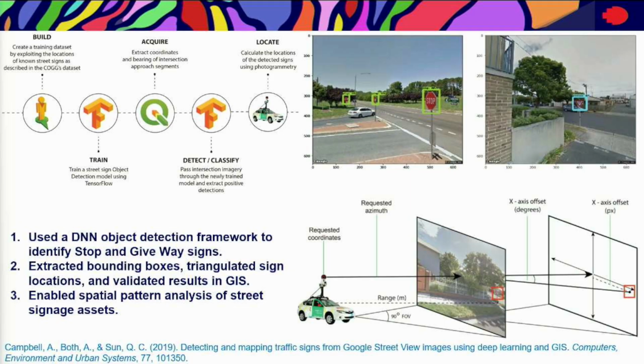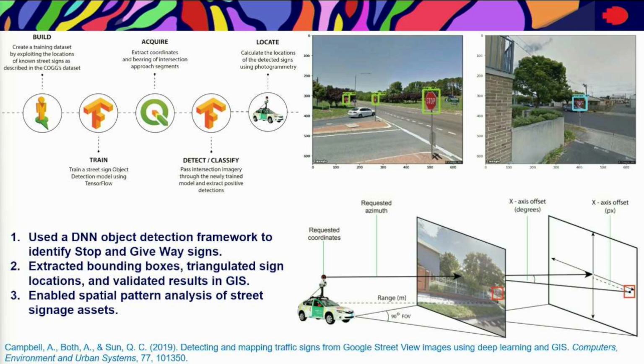The basic steps: we used a deep learning neural network to train the model, extracted the bounding box, and used a photogrammetry method to get the location. Then we performed geospatial analysis to enhance the traffic asset database for the local government, which was significantly enhanced in addition to XY location, as well as the completeness of the stop signs.